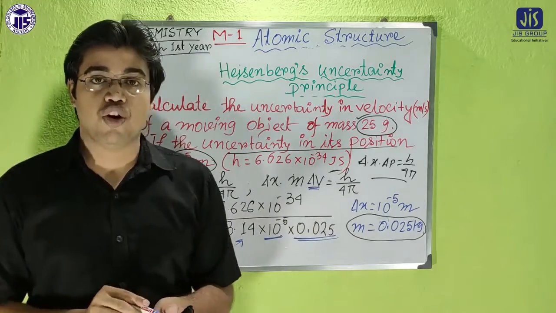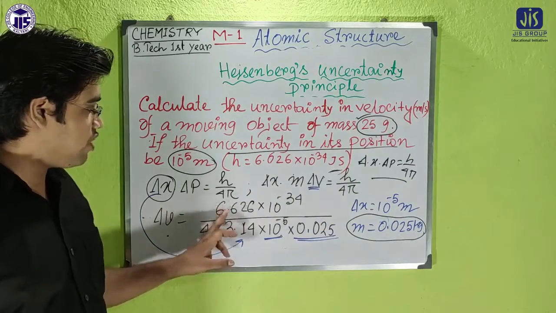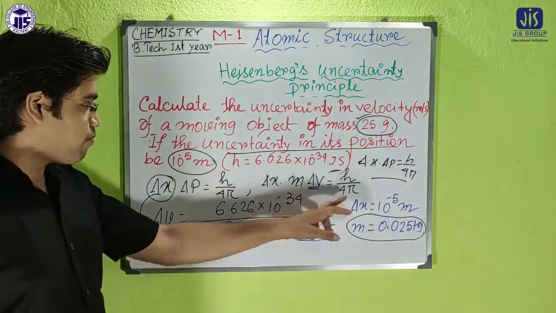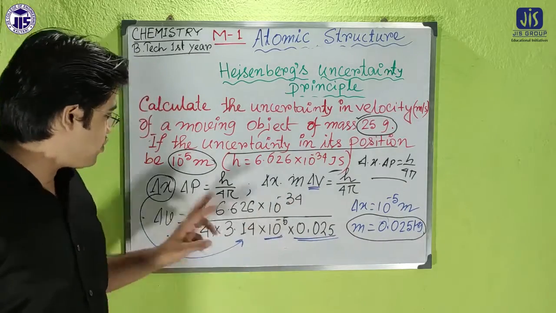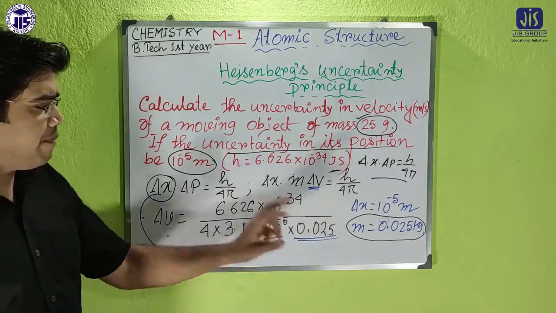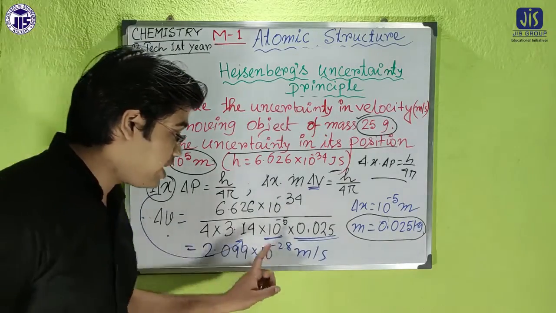Just put in the values of each and every term: h, the Planck constant, 6.626 into 10 to the minus 34, then 4, pi 3.14, 10 to the minus 5 for del x, and 0.025 for m. The answer will be 2.099 into 10 to the minus 28 meter per second.